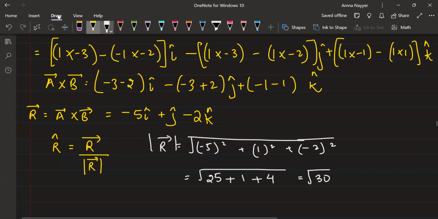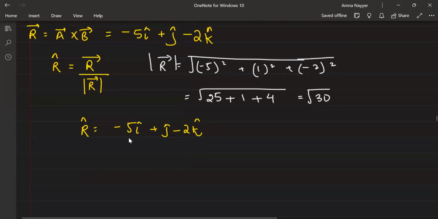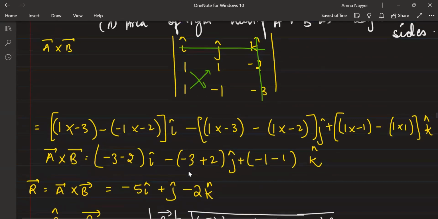Now, what should be my R cap? Vector divided by its magnitude. Our vector is minus 5i cap plus j cap minus 2k cap, divided by root 30. Is the first part clear?